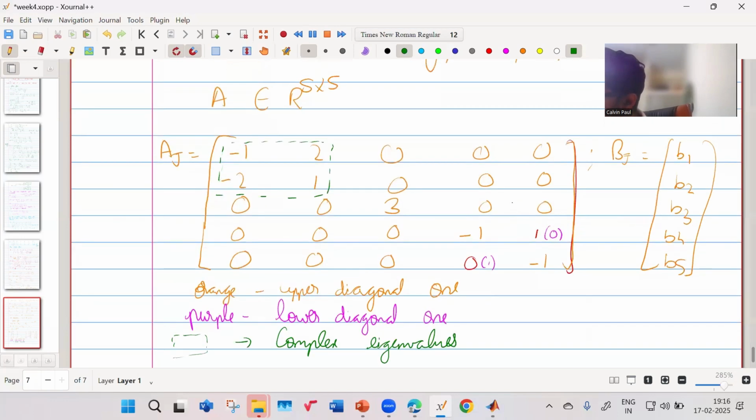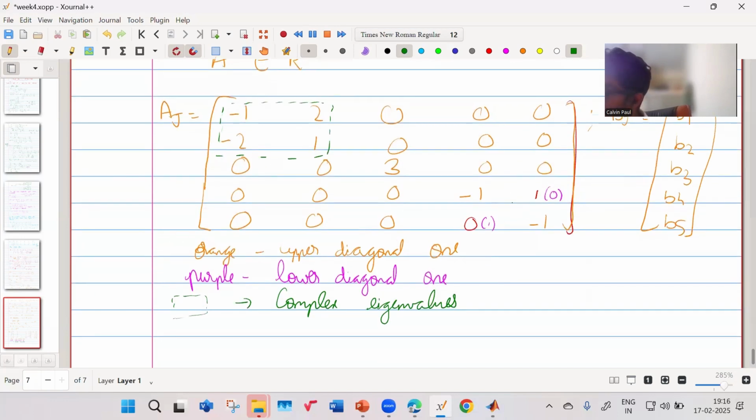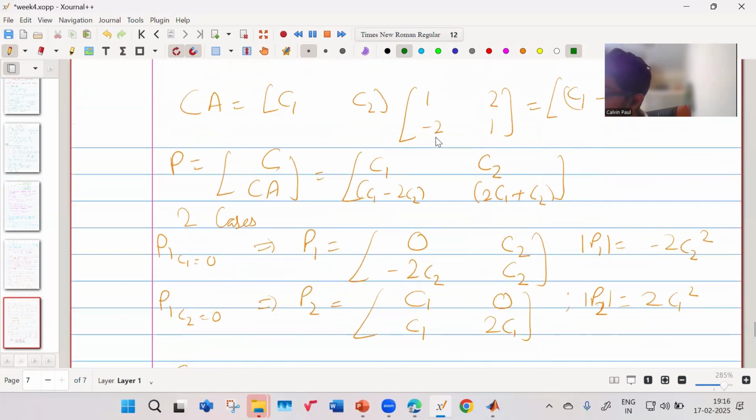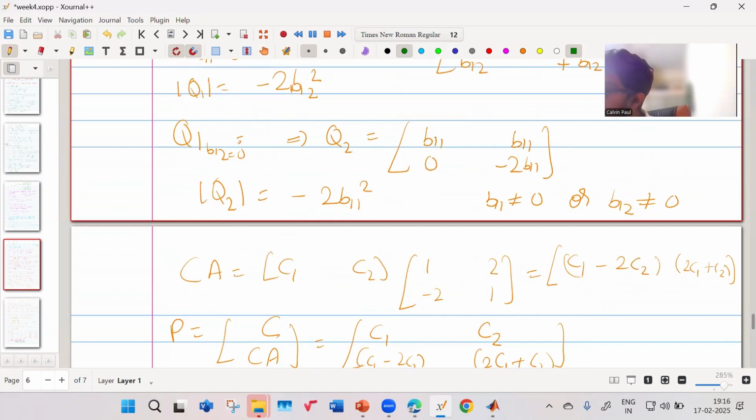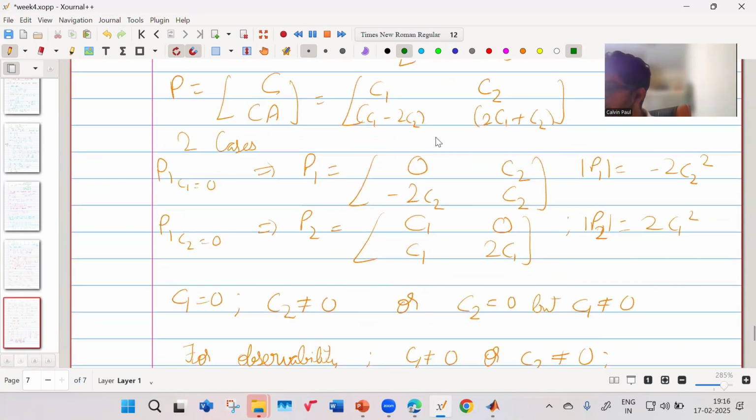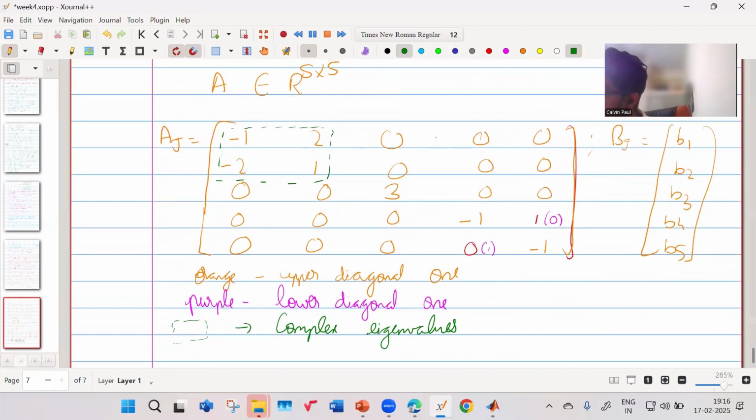If this has to be controllable, what should happen? We just now saw that either B11 should not be equal to 0 or B12 should not be equal to 0. So again here, either B1 should not be equal to 0 or B2 should not be equal to 0. If either B1 or B2 is not 0, then this green subsystem is controllable. If B1 and B2 are both 0, then this subsystem is uncontrollable.